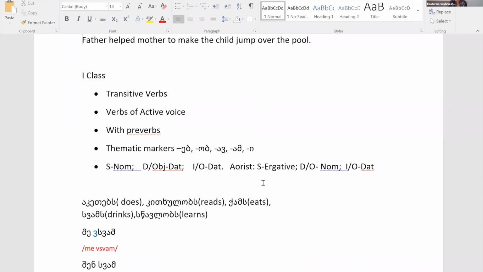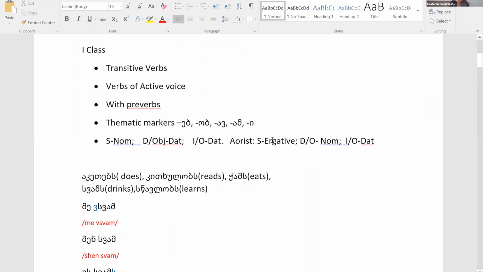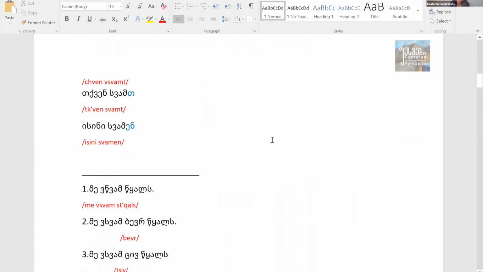So when we put the verb in the past, the subject is put in the ergative. There is just one single exception in Georgian where the subject, although the verb is in the present, still takes the ergative case. Let me show you.